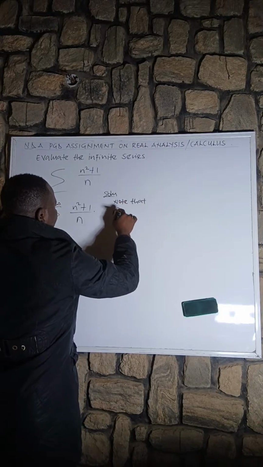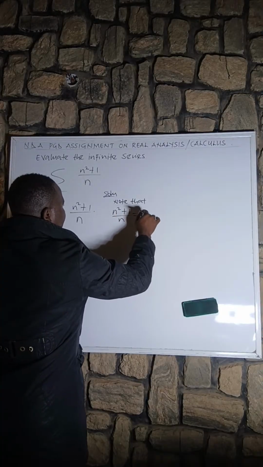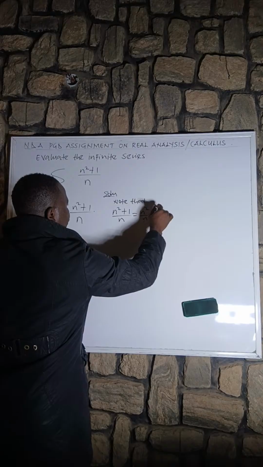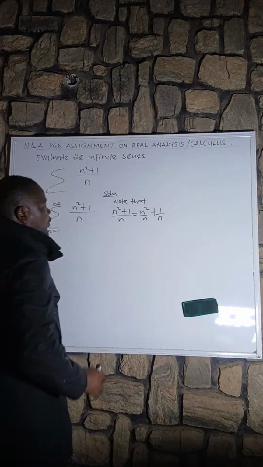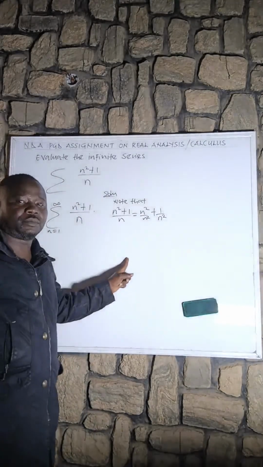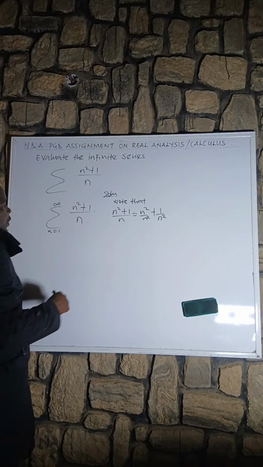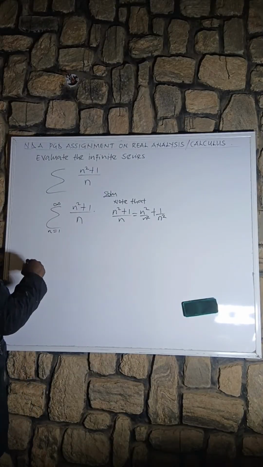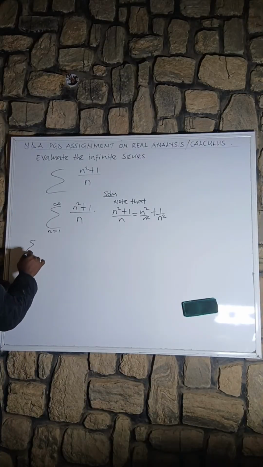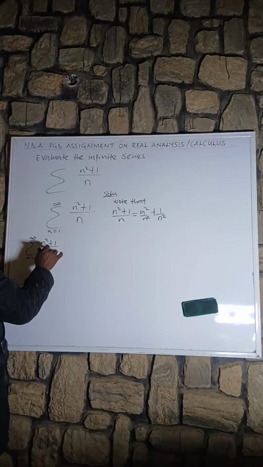n squared plus 1 all over n is the same as n squared all over n plus 1 all over n. True or not? Sorry, this is squared. It's true. Do you agree with me? Okay, so if that is taken, it means summation n to infinity of n squared plus 1 all over n squared.